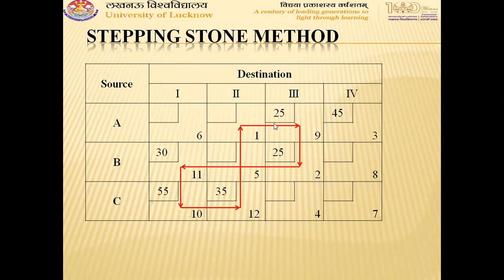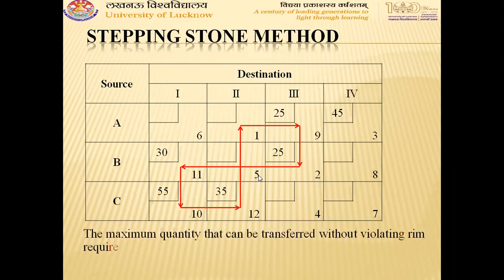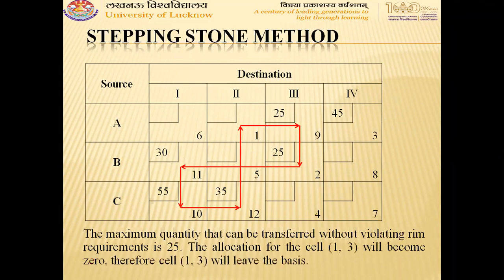So subtraction would be done at 25, 35, and 30. So minimum quantity that is subtracted is again 25. That is maximum quantity that can be shifted or transferred without violating rim requirement is 25. And the rim requirement of cell 1 comma 3 would become 0. So cell 1 comma 3 will leave the basis.